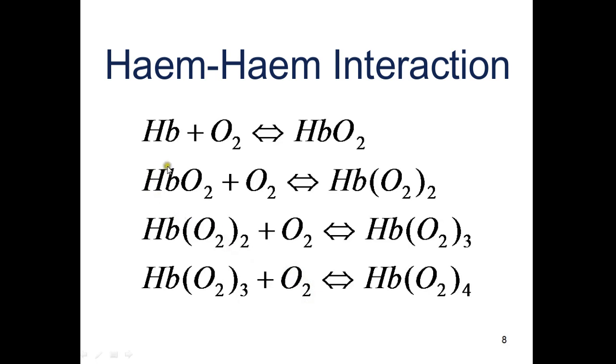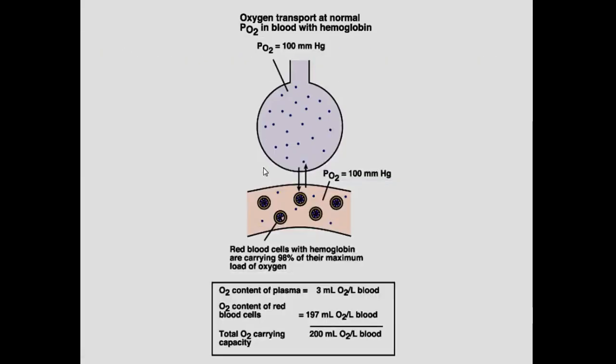So this shows that combination of one molecule of oxygen with one iron will facilitate the combination of the second oxygen molecule with the second iron atom in the hemoglobin, likewise the third, likewise the fourth. This is called the heme-heme interaction.